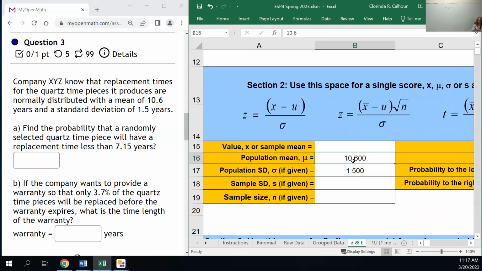Okay, so type in your mean and your standard deviation, but part A, so find the probability that a randomly selected quartz timepiece will have a replacement time less than, so we know we're looking for probability to the left, since it says less than. The less than tells us left, but they give us a value. The value is X.